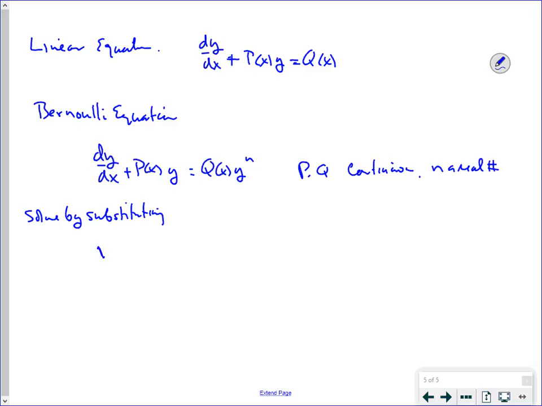We let v equal y to the 1 minus n. Then in that case, dv/dx is going to be 1 minus n times y to the minus n dy/dx.